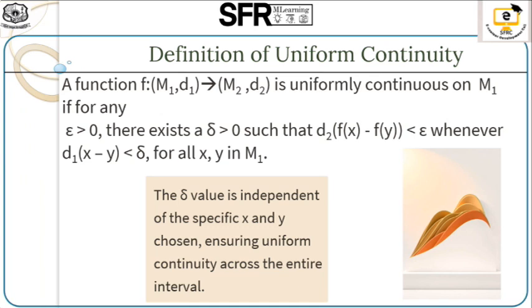A function from M1 to M2, where M1 and M2 are metric spaces with the corresponding metrics D1 and D2, is uniformly continuous on M1 if, for a given epsilon, we can find delta such that the distance between f of x and f of y is less than epsilon whenever the distance between x and y is less than delta. This condition should hold for all x and y in the domain. As I said, here the value delta depends on epsilon alone, whereas in continuity the delta depends on the point x naught as well as the epsilon.